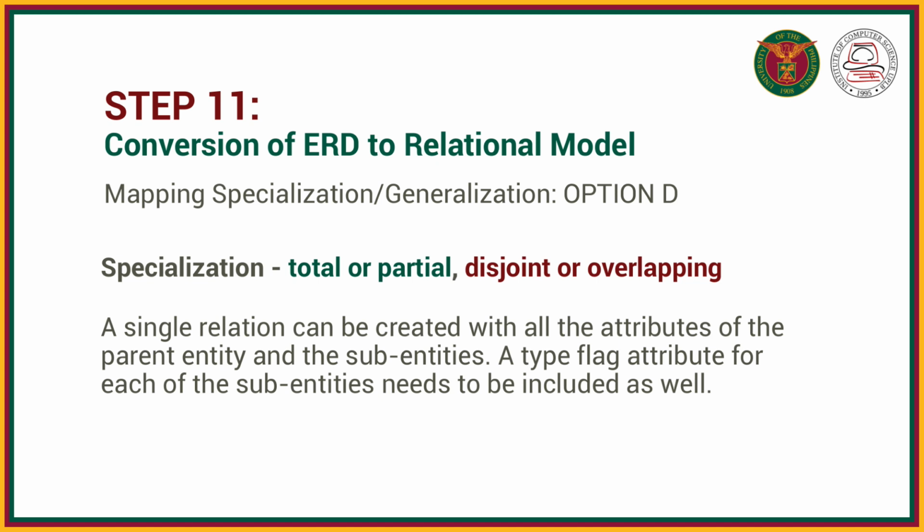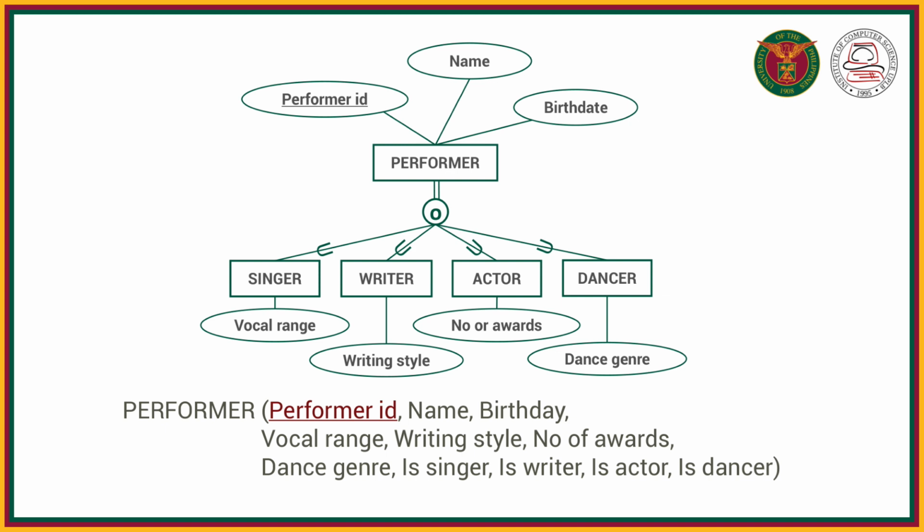A type flag attribute for each of the sub-entities needs to be included as well. As an example, using again the same problem, but now with total participation and an overlapping constraint, meaning a singer can now take other subclasses. So the performer can be a writer, actor, or dancer at the same time, and any combination of these.